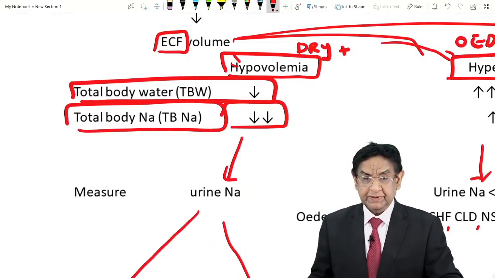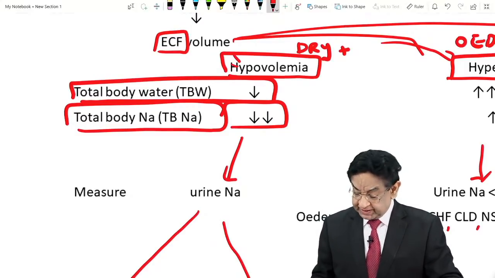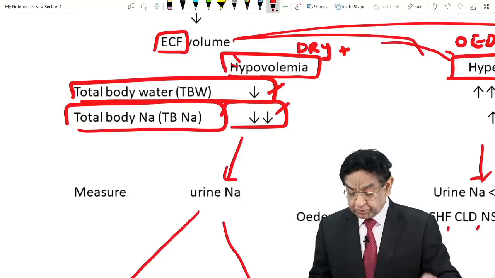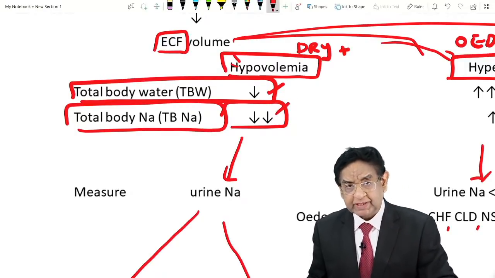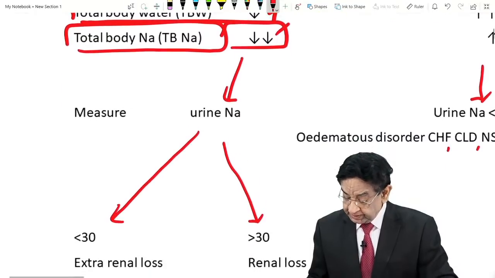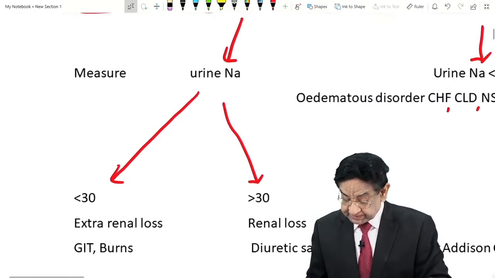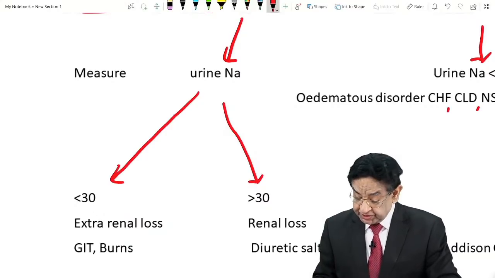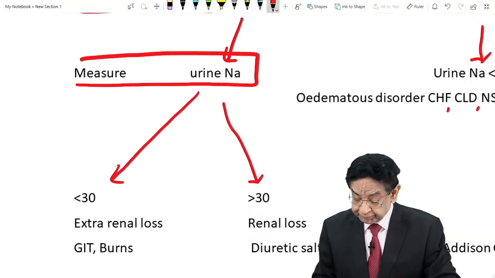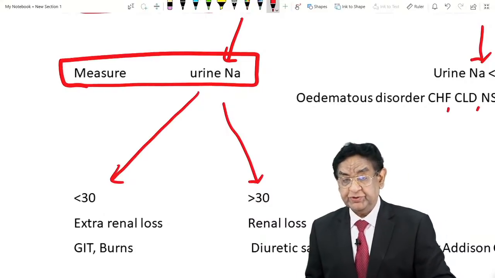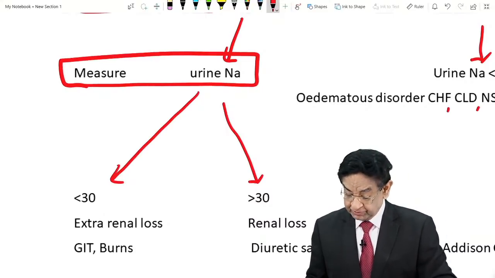Write down: total body water is reduced, but total body sodium is reduced more than that. So in such cases, we measure urine sodium. Okay, done.